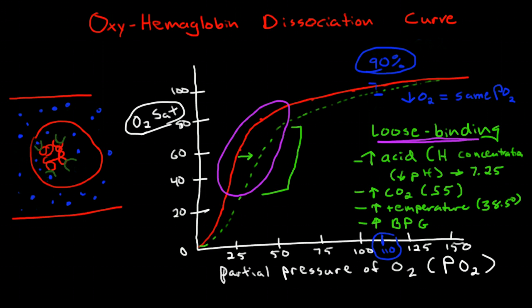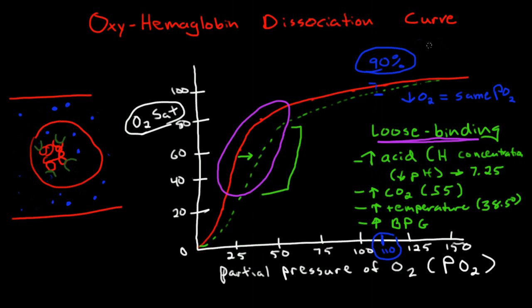So as oxygen levels drop, as the blood starts to work its way through the capillaries in the tissues, the oxygen drops off of this hemoglobin very, very easily and much quicker than it would if we didn't have loose binding. Okay?